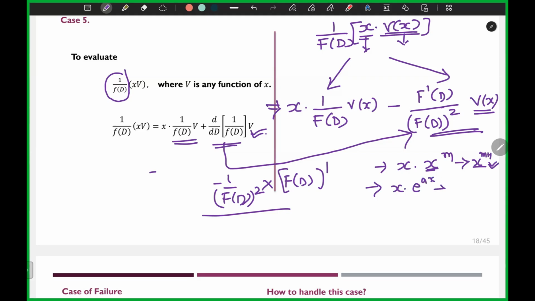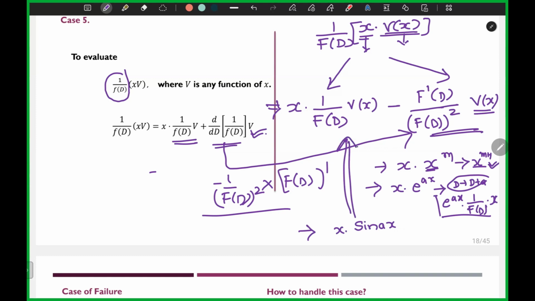This is already covered: we replace D by D plus a, and we have e to the power ax and 1 upon f(D) into x. So we are left with only the case x into some function of sin x. Here we have to use this formula, which will be helpful only in these cases.